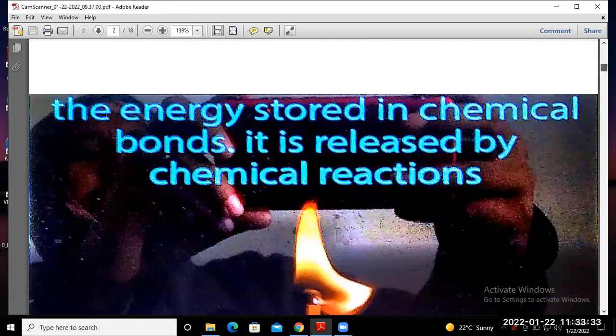What is the energy stored in the chemical bond? It is released by the chemical reaction. Okay. Chemical, that means energy stored in the chemical bond will be released when the chemical reaction takes place.